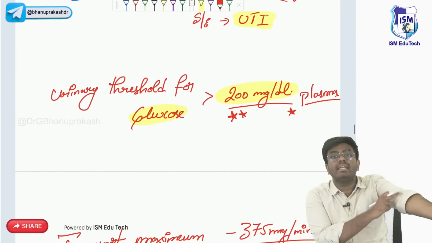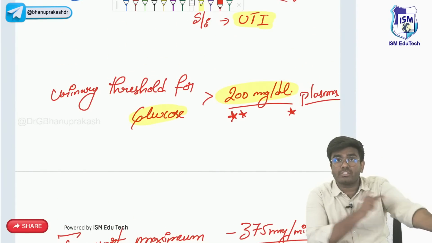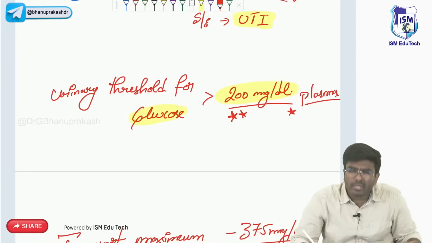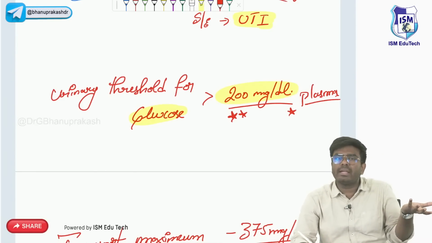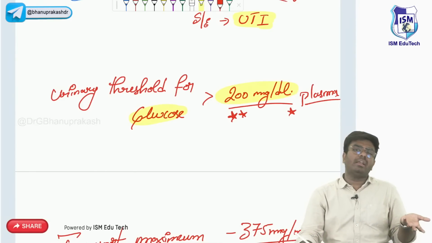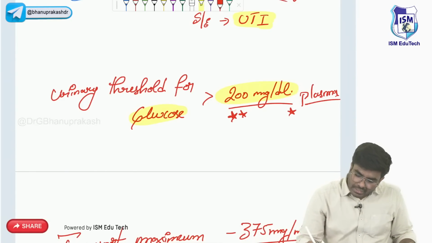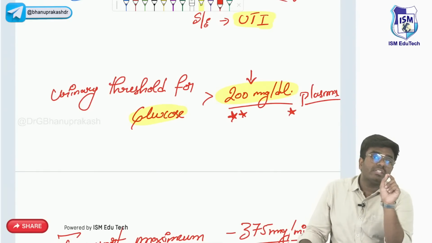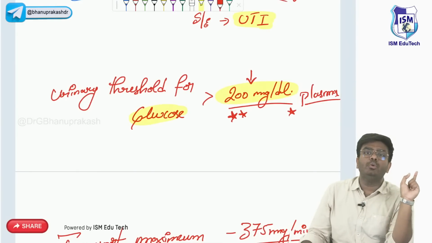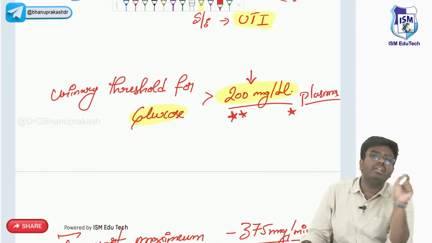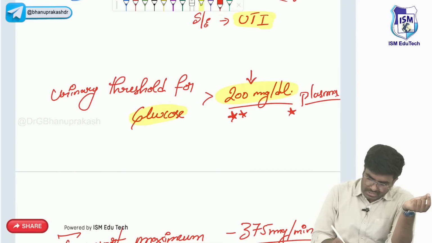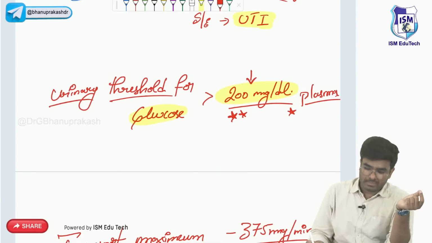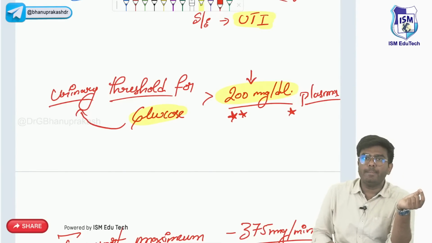Normal blood glucose level is somewhere around 100 milligrams; in you and my body, 100 to 120 will be there. If you increase blood glucose levels to this much, glucose will start to appear in the urine. Glucose is now leaking a little bit in the urine. So this is the urinary threshold for glucose.